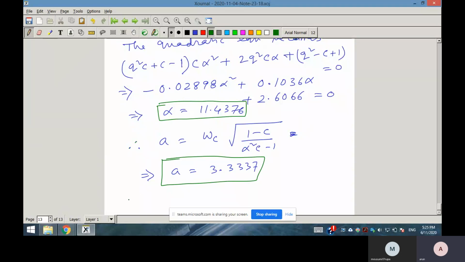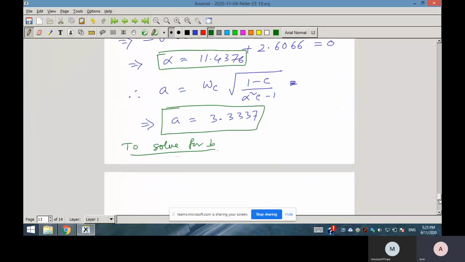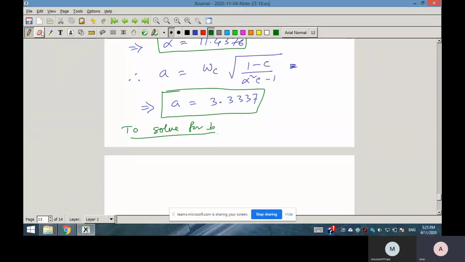So now which one is left to solve for? Only the b part is left, after solving alpha and a. So how will you solve for b? As you know, b by omega c whole square, this equation, plus alpha minus 1 divided by tan of minus phi 2 into b by omega c plus alpha, this is equal to 0.